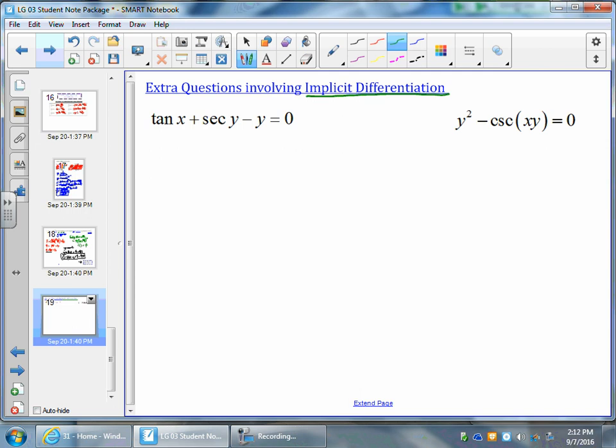All right, so let's take the derivative of this. Tan x, the derivative of that is going to be secant squared x plus the derivative of secant, remember, is secant y tan y. We're just going to leave that as it is. But what do I need to include? I have got a y. I need to take the derivative of y, which is dy dx.